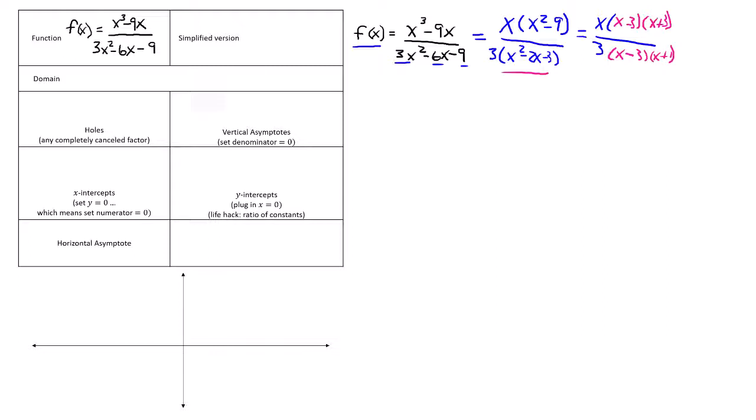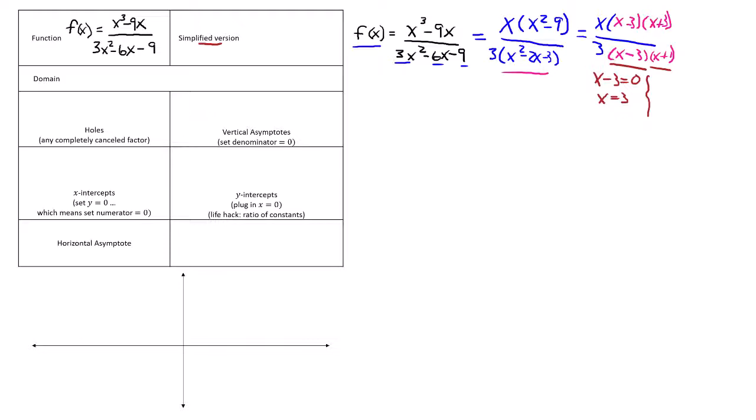So now we have this. Before we write this simplified version, let's find the domain. We're going to have all real numbers except for where the denominator is equal to 0. The denominator is going to equal 0 when x minus 3 is equal to 0, or when x is equal to 3. Alternatively, when x plus 1 is equal to 0, we're also going to get a place where our function doesn't exist.